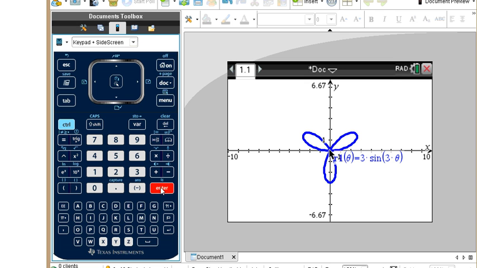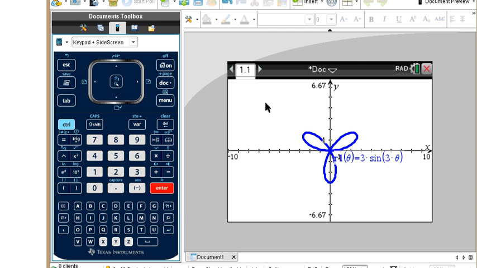So what we have is a 3-petal rose, and the thing about it is, if you have an odd argument here, like sine 3 theta, and it's an odd number, that's going to be the number of petals in the rose.